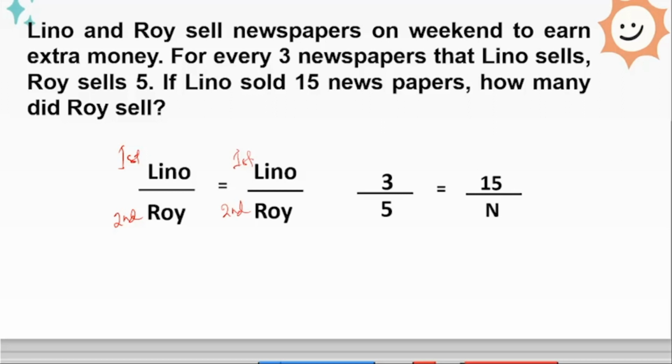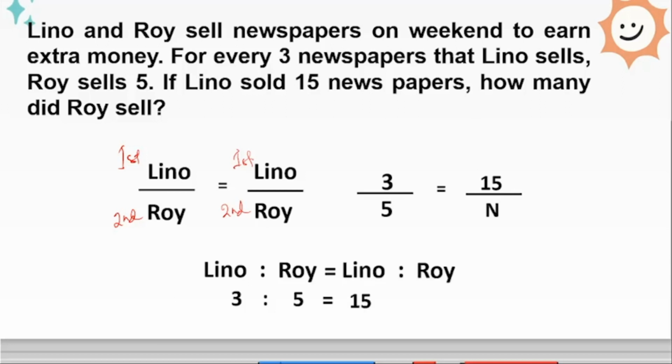Pwede na natin siyang i-set up gamit ang colon form. Lino to Roy as, or si Lino ay merong 3 at first, and then si Roy ay may 5, as Lino to Roy again. Sa next, naging 15 na yung newspaper ni Lino. Ngayon, hahanapan natin ang sagot, ilang newspaper yung kay Roy.